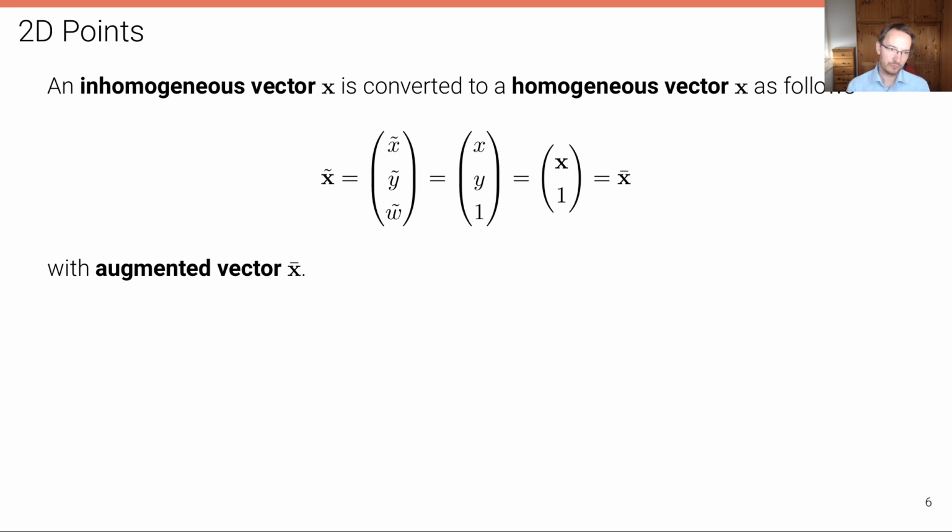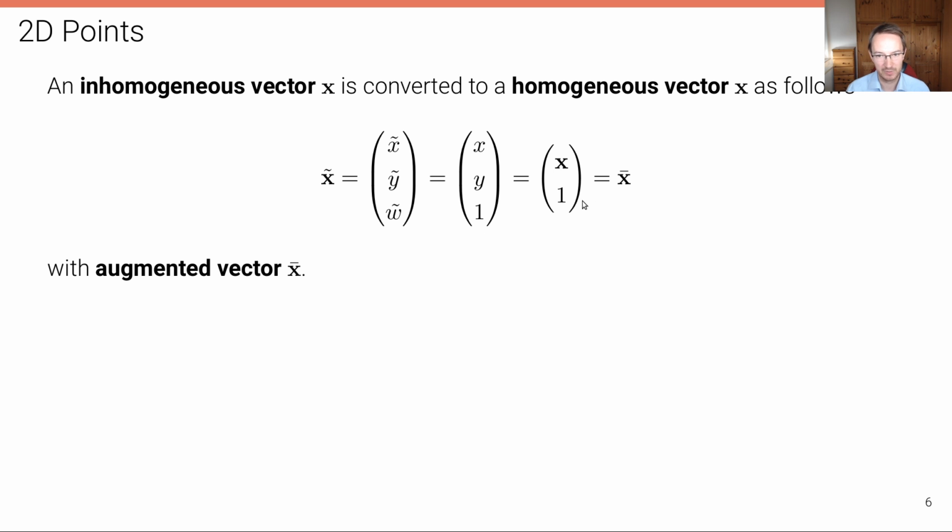Now, how can we convert between an inhomogeneous vector and a homogeneous vector? An inhomogeneous vector is converted to a homogeneous vector by simply adding a 1. This is a convention. If there's a 1 as the last element, then the first two coordinates are considered the inhomogeneous vector of a homogeneous vector.